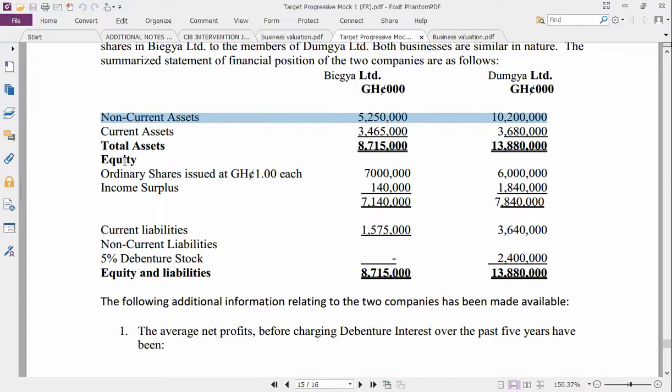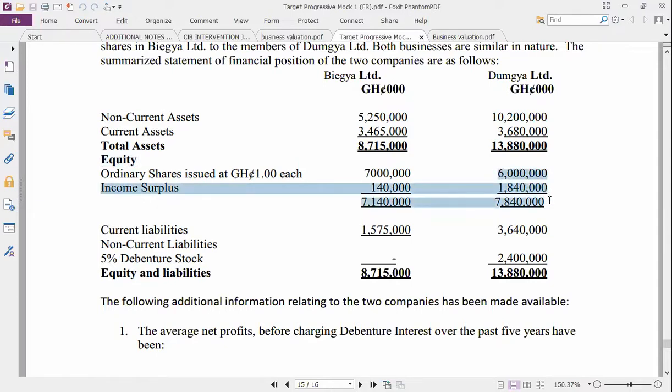That's the equity. When you go to equity, don't forget, we don't touch anything under the equity for the Dunja. We don't bring anything here. So when you go to the equity, only that of the parent, the one who acquires, that's the Bioja.